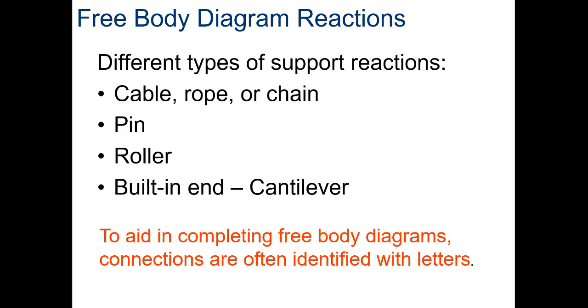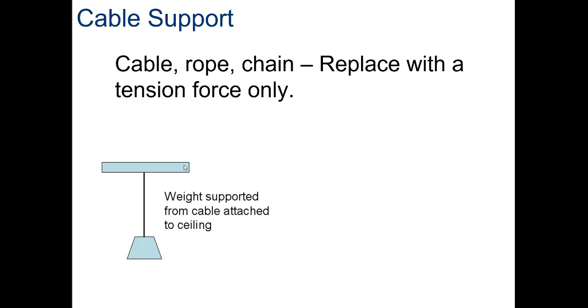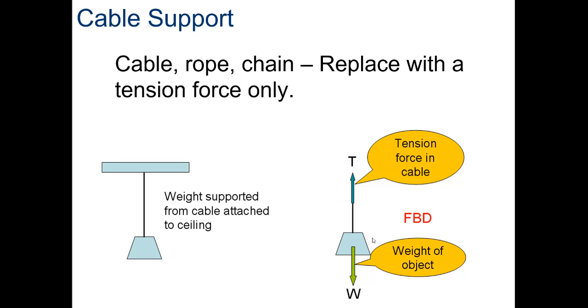So here, these are some vocabulary things you're going to have to know. Cables, ropes, and chains are always replaced with tension. Always with tension. So we have the weight of the object pulling down, so gravity is pulling down on this object, right? And the cable is pulling up on it.